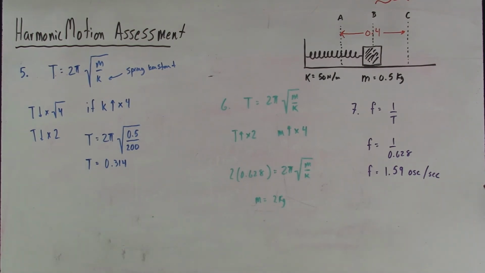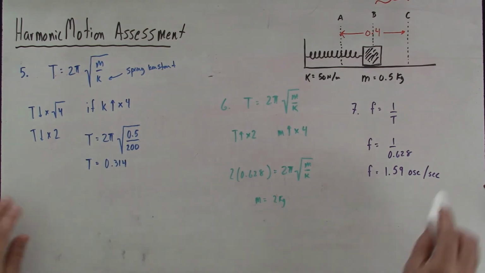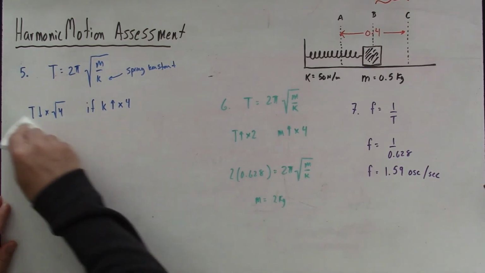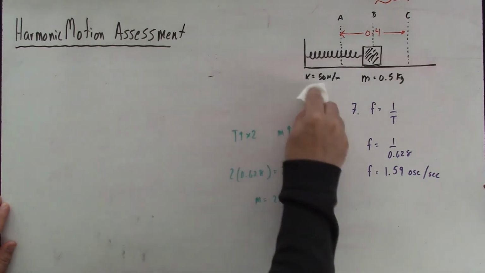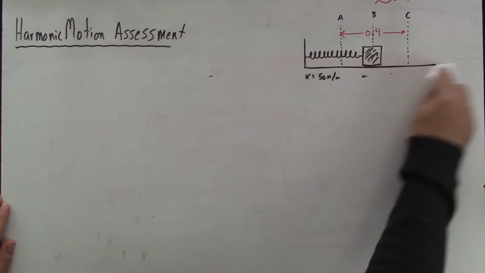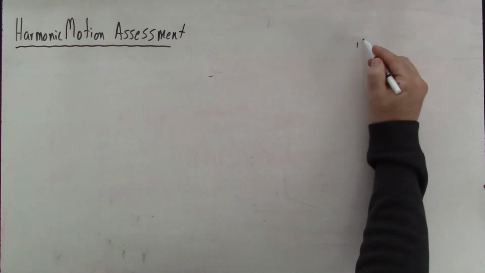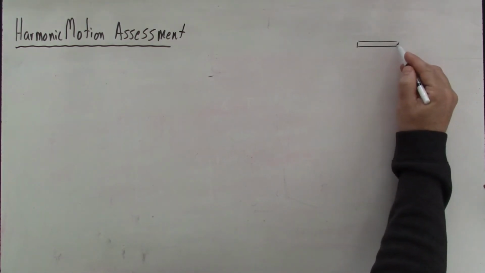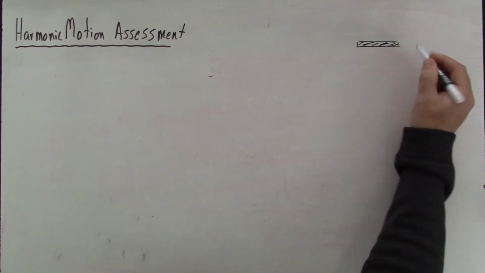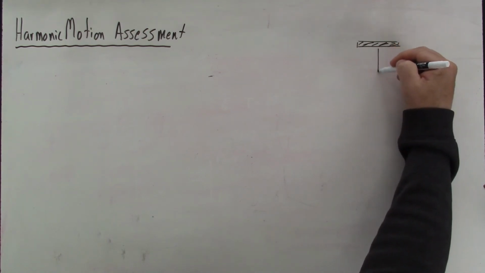All right, let's reset. That was the first half. Let's go for the second half. So in this one, we have a pendulum attached to a ceiling.